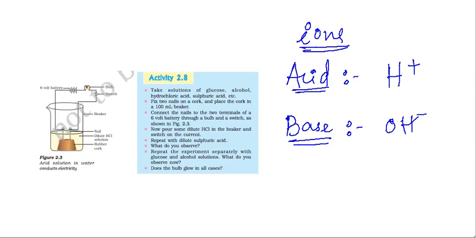So we can conclude that both acids and bases have ions. When the acids and bases are dissolved in water, they produce ions. Acid produces H plus ion, and bases produce OH minus ion, and when the ions move inside the solution in the presence of electric current, they conduct the electric current.